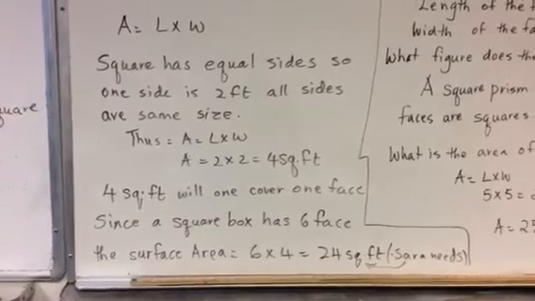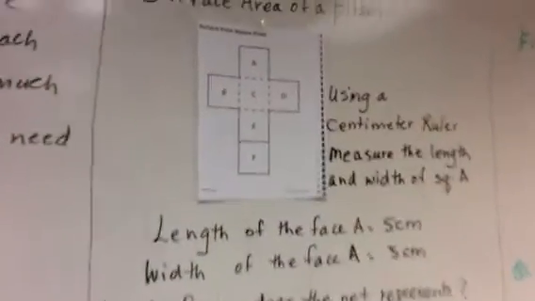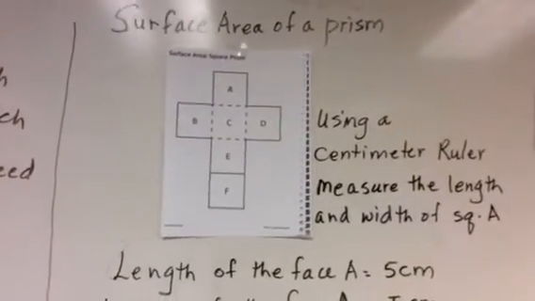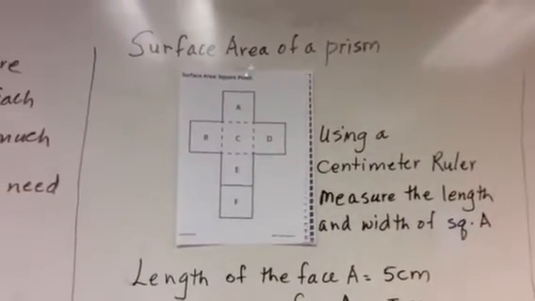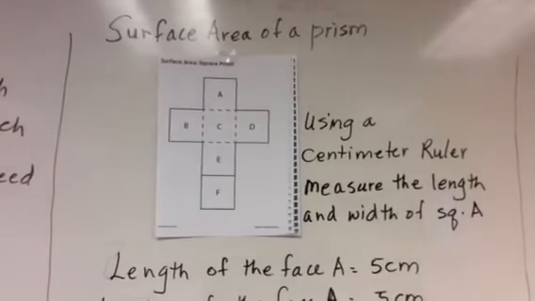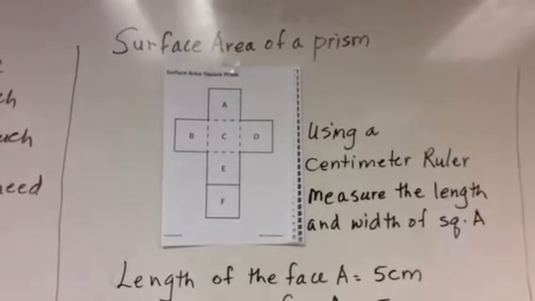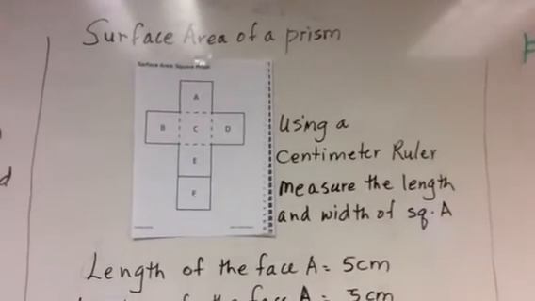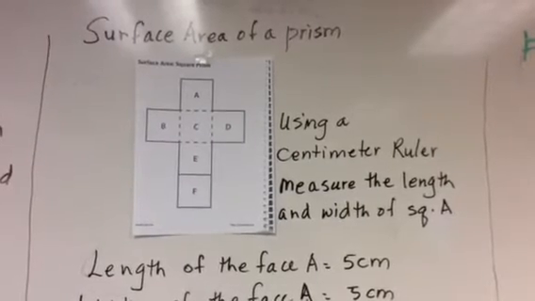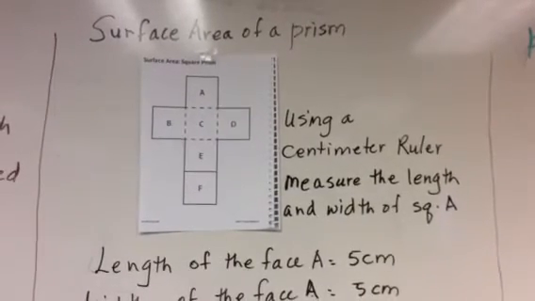Now, today's lesson was focused on the surface area of a prism. Here Ms. Crane has a net paper, a net example of a prism. That's a square box. Using a centimeter ruler, measure the length and width of square A. Square A is up there.